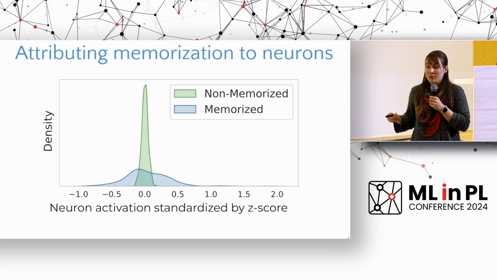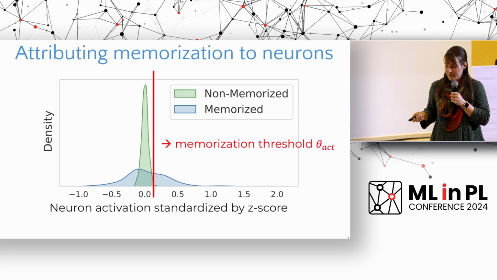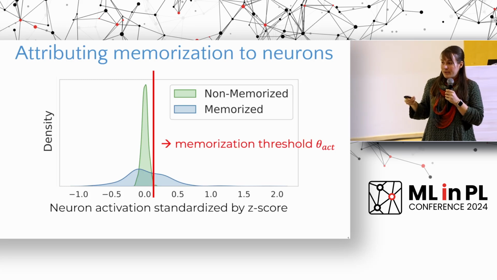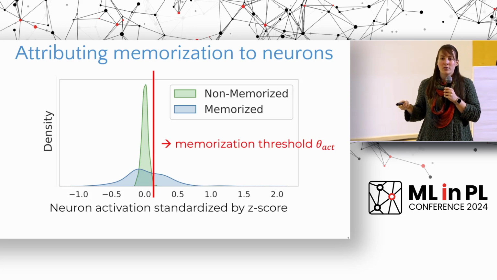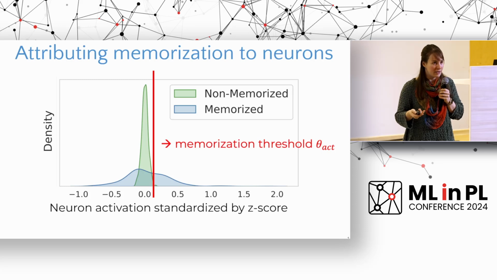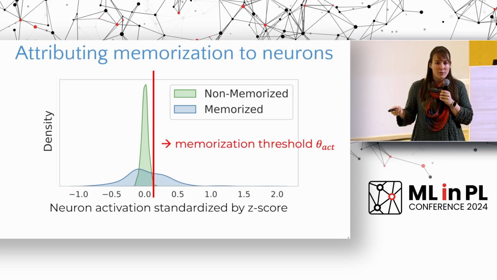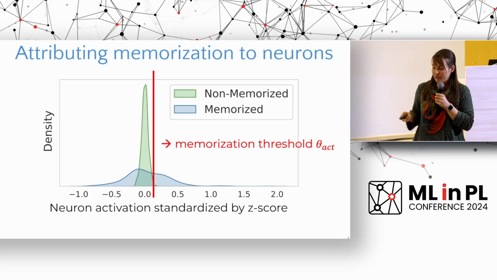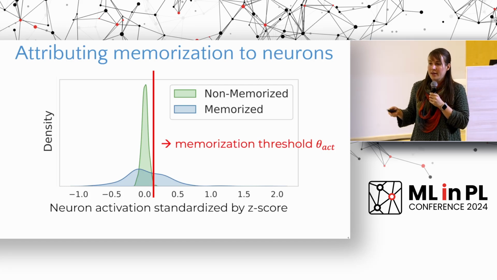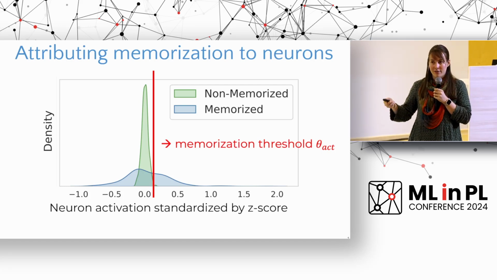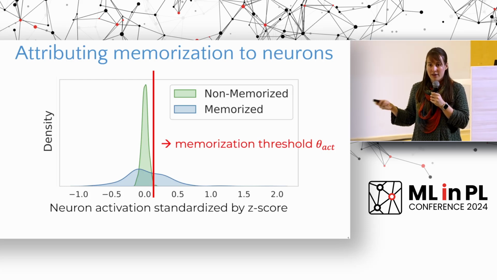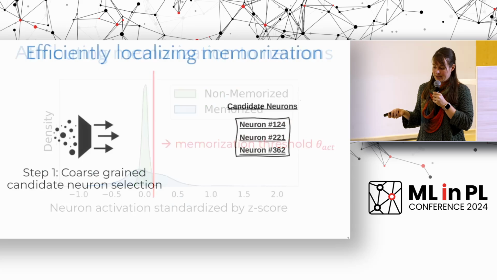But now we need to really tie it down and get to a small set of neurons. And therefore we think about what neurons to select for memorization. We start off with an initial threshold, which we later refine, and say that every neuron on the given data point that has a Z-score higher than that threshold gets into a candidate set.